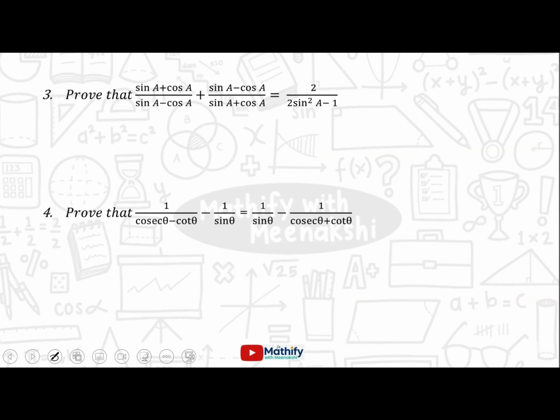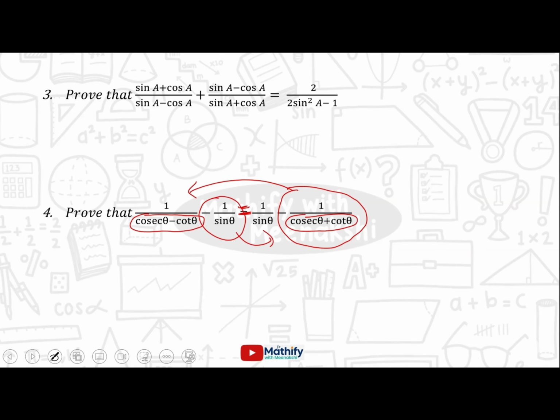In question number 4, again, here we have cosec theta minus cot theta and here cosec theta plus cot theta. But the problem is that one is on the left side and one is on the right side. What we can do, just transpose this. Just move this to this side and sine theta to this side.